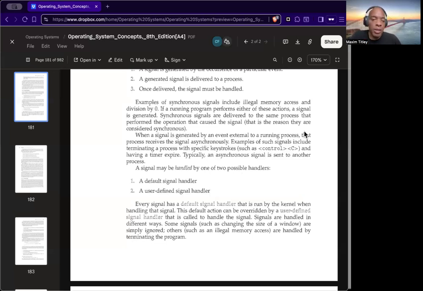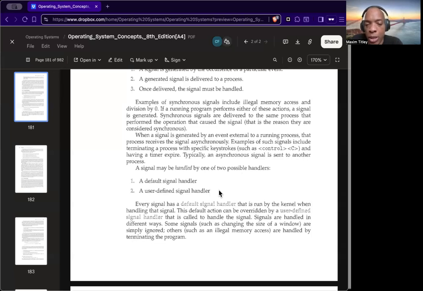So signals being handled. Here are two ways that happens. You can have a default signal handler or a user-defined signal handler. Think of it this way. It's kind of like when you have errors versus exception handling, right? An error a lot of times in your programs is defined in, I'm sorry, not the operating system, but the actual compiler program and its implementations.